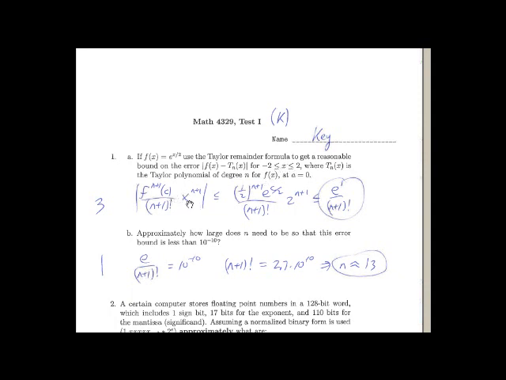Well, the biggest that x minus a can be is 2, so you just plug in x equal to 2. And then the n plus first derivative of e to the x over 2 would be 1/2 to the n plus 1 times e to the x over 2, because every time you take a derivative you get a factor of 1/2, so after n plus 1 derivatives you're going to have a factor of 1/2 to the n plus 1, and then you still have the e to the c over 2. And now, what is c?